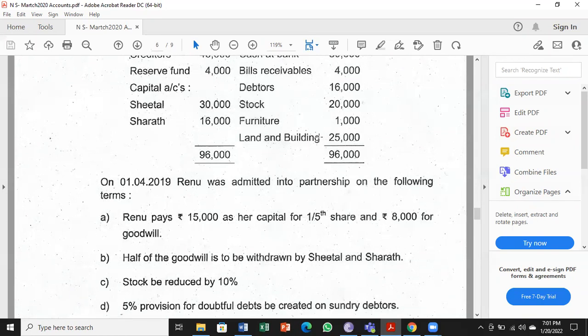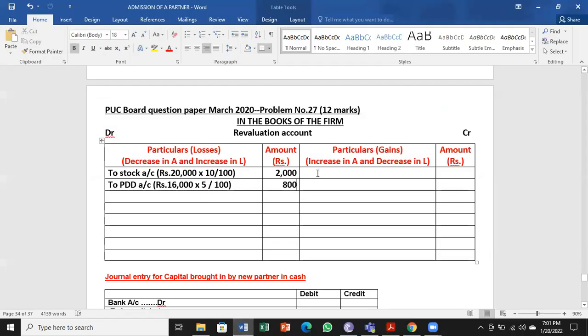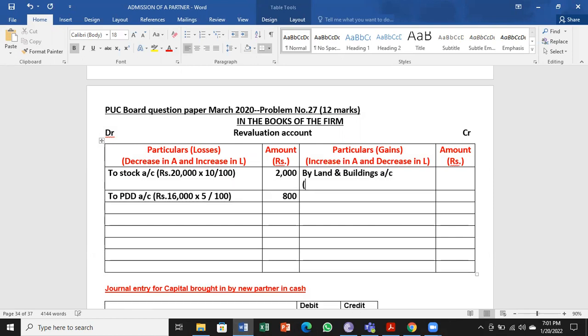Land and building 25,000 is there. So credit side by land and buildings account, 25,000 into 20%. That comes to 5,000.